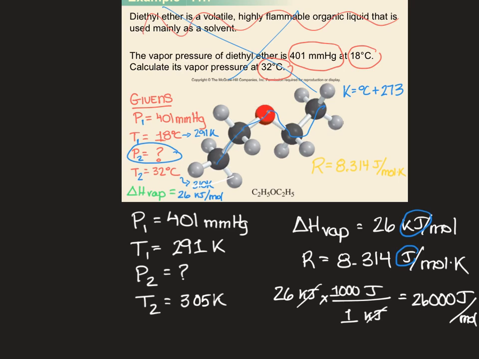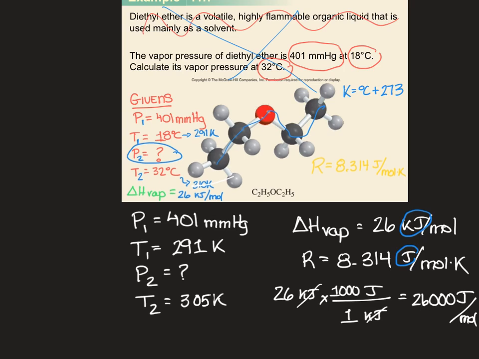Okay, so all I've done is take the givens that I just wrote on the slide to the equation, just plugged them all in, kind of made sure that my units are going to cancel, you know, the Kelvins are canceling, and over here, I was given the pressure in millimeters mercury. Is there any reason I can't leave it in millimeters mercury? No? Nothing else has a unit of pressure.